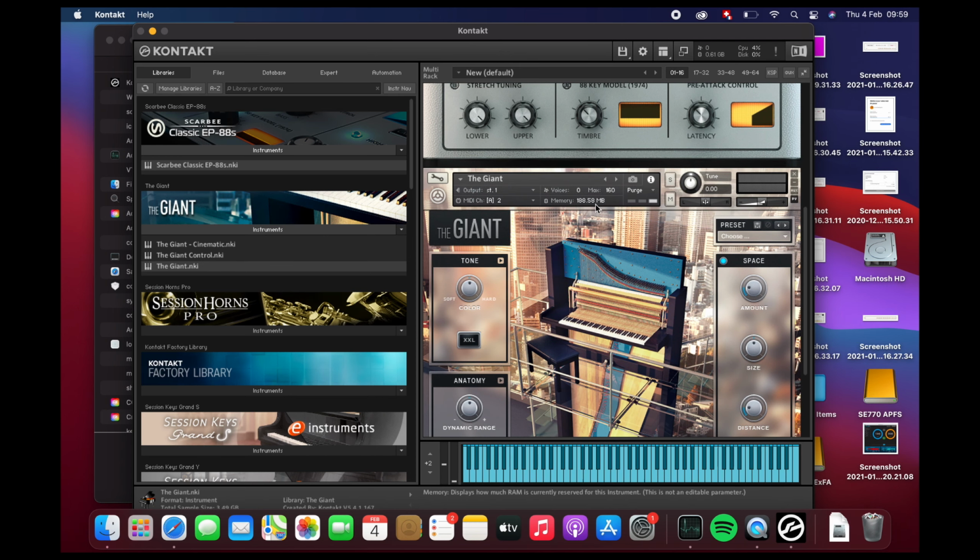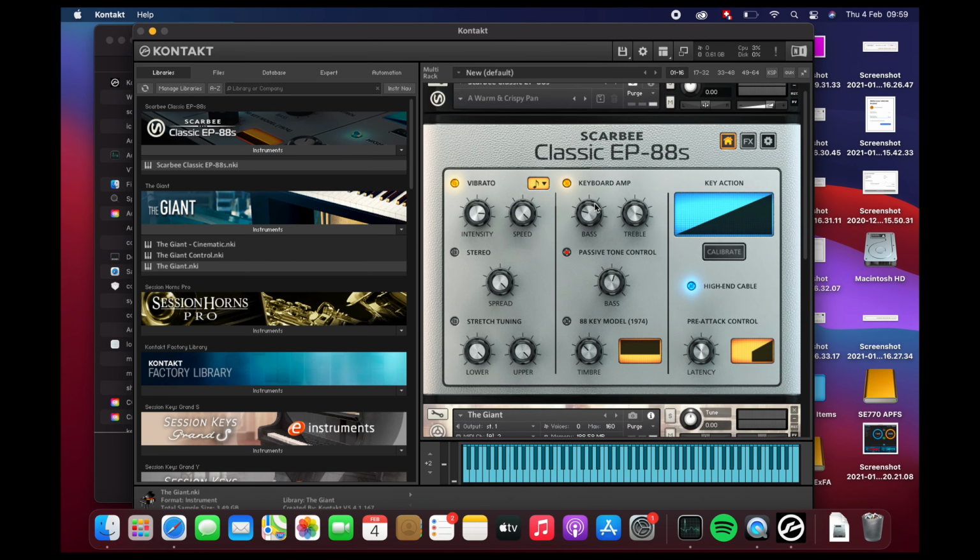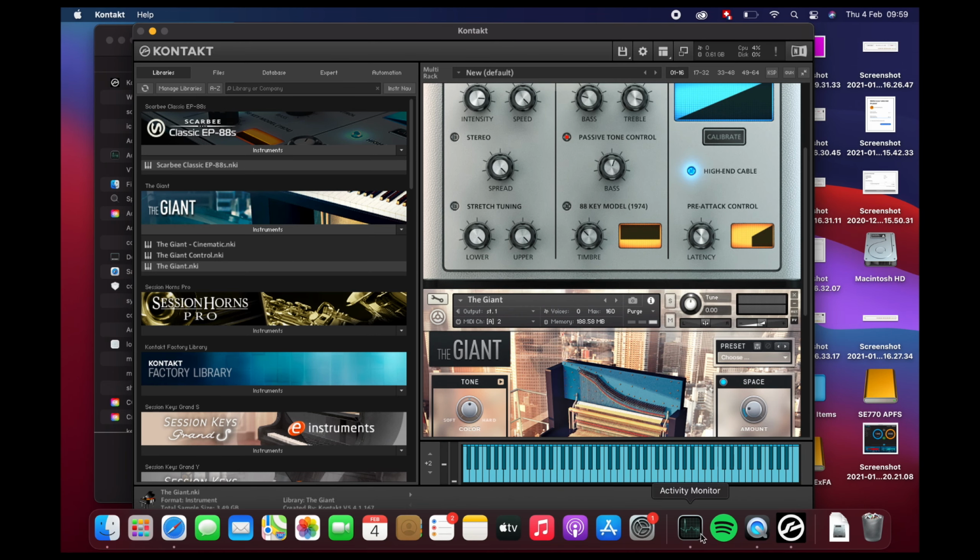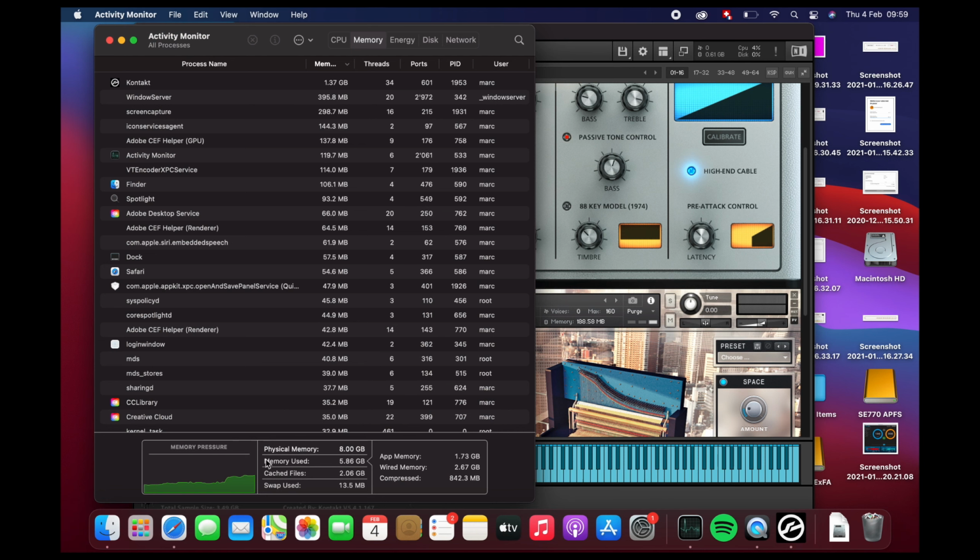This one, we see now totally we have 0.61 gigabyte. And this one I have 188. So let's have a look at the memory. 5.86, so it went up. It kind of reflects the memory we are loading in Kontakt, which is obviously low, seen here in the memory usage or the memory pressure.